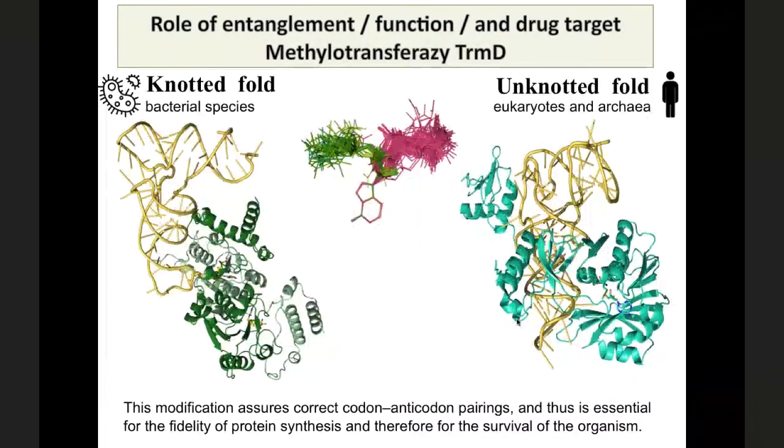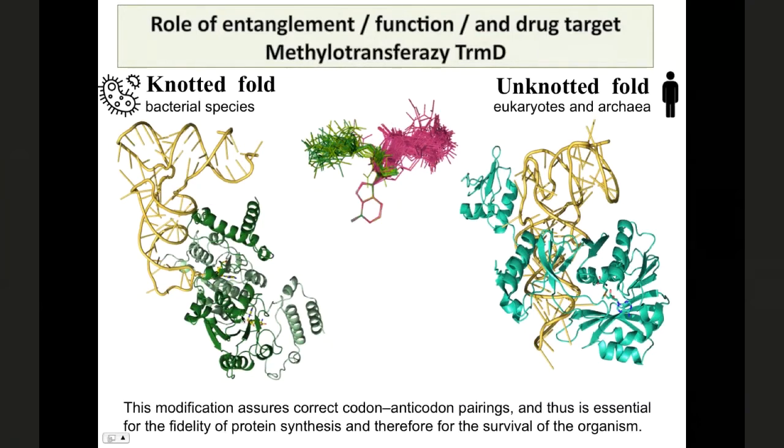However, the same function is performed as well by an unknotted protein that can be found in eukaryota and archaea. So we have two proteins that perform exactly the same biological function, but one is knotted and one is unknotted. They both bind exactly the same ligand in the active site.